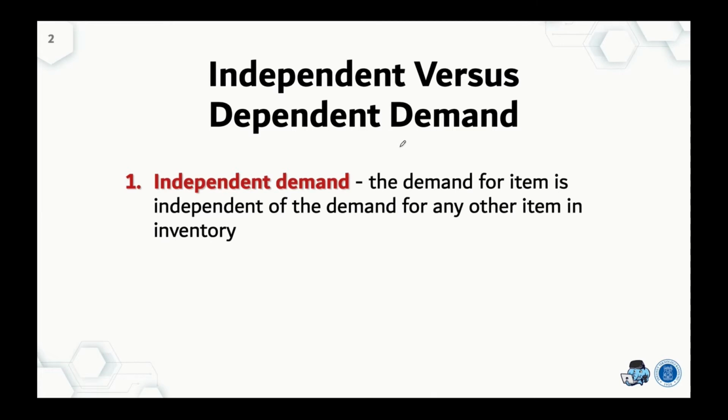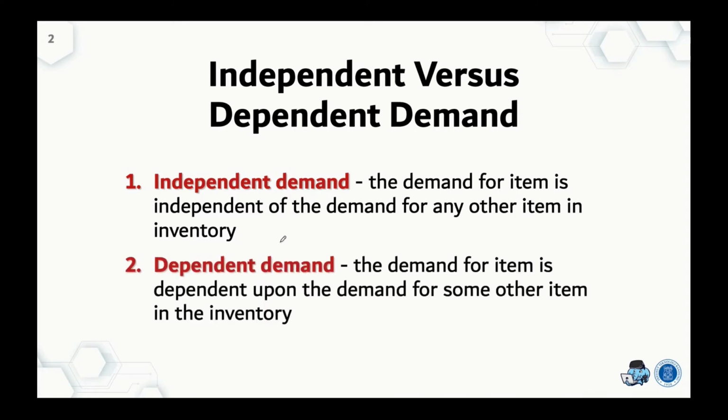First, let's discuss what we call independent and dependent demand. Independent demand is the demand of the item that is independent of any other item in the inventory. Usually this is for the final product. On the other hand, there is dependent demand.